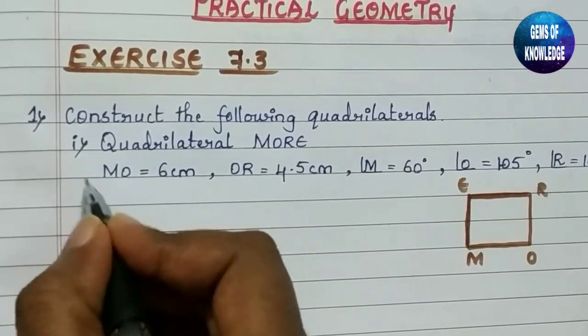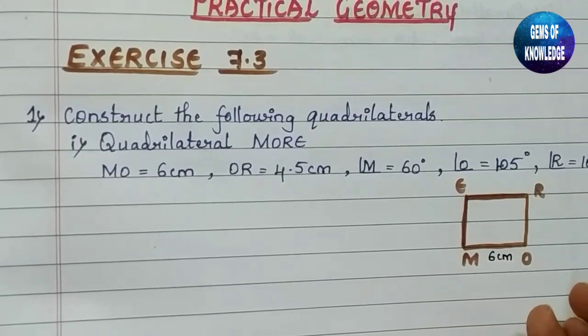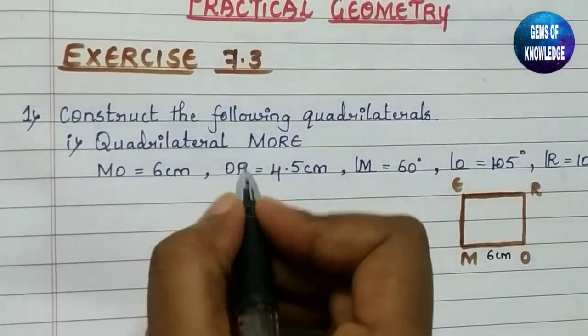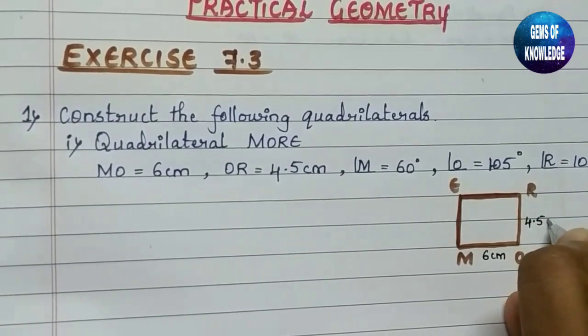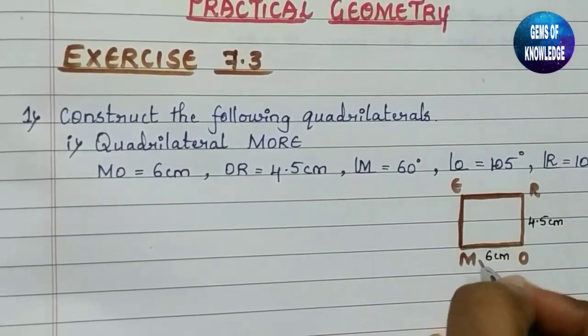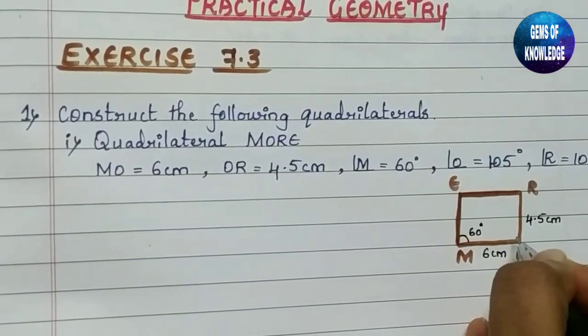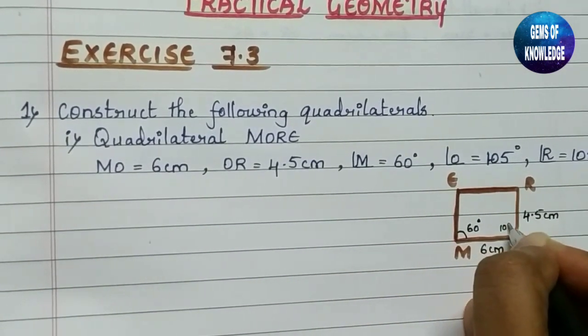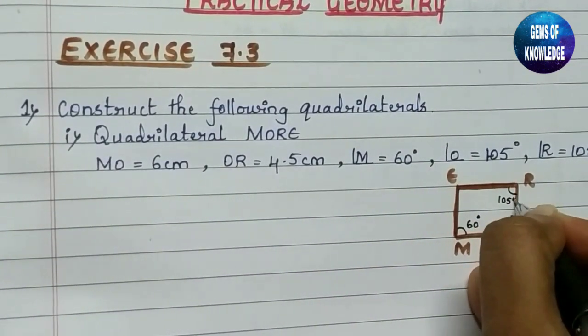Look here, MO is equal to 6 cm, so this MO must be 6 cm. OR is given as 4.5 cm, so we will write here, this is 4.5 cm. This angle M must be 60 degrees. Angle O must be 105 degrees. And this angle R must be 105 degrees.